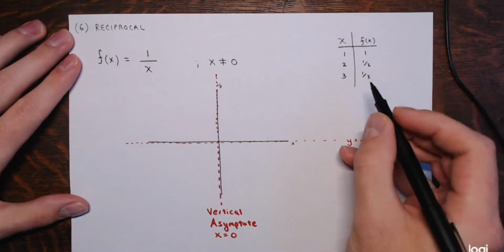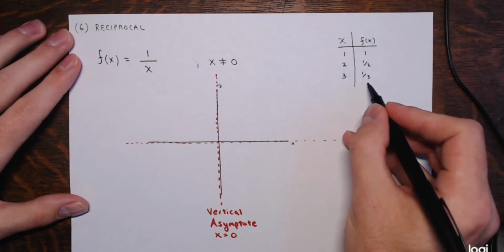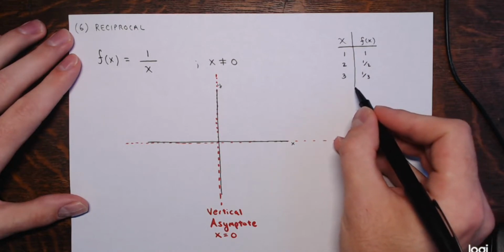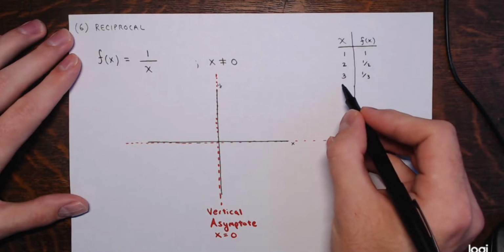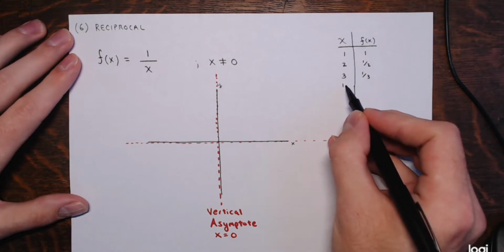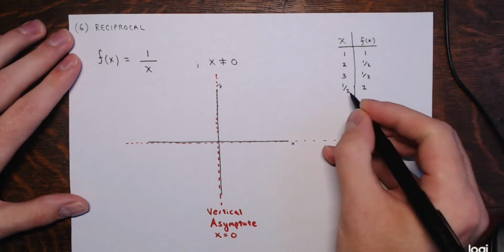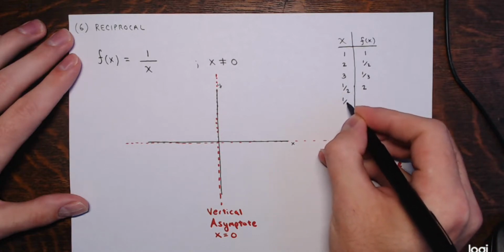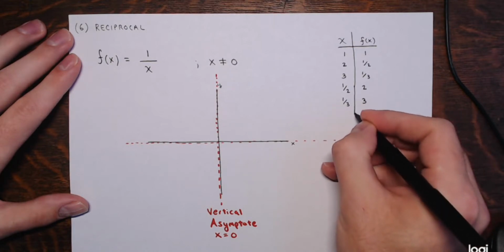And hopefully you see the larger I make x, the smaller the output will be. Let's keep with other positive numbers. Let's get closer to 0. How about a half, right? The reciprocal of a half is 2. Get even smaller. The reciprocal of a third is 3. The reciprocal of a fourth is 4.